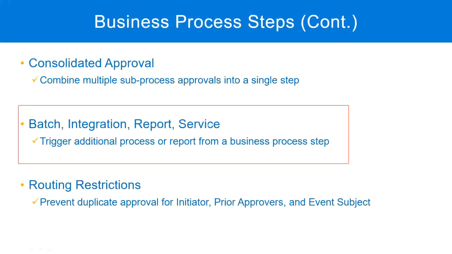We will use integration, report, service and batch when we talk about the integration business process. Service we will use here as well, as part of the higher business process and as part of ACM. But integration we will definitely use when we are creating our integrations. So the point is, from within a business process, you can also trigger these types of additional processes.